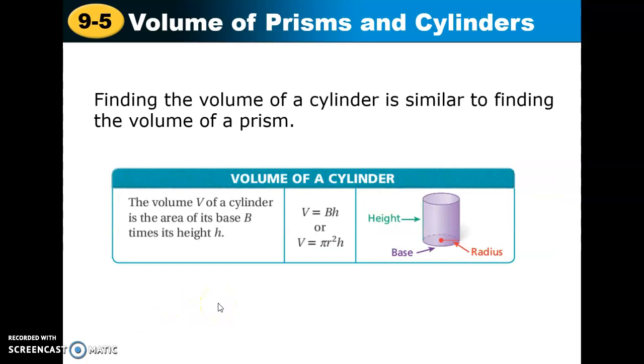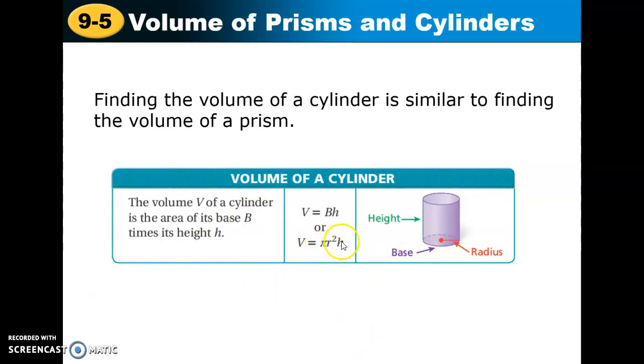All right, now we're going to move on to cylinders. This is very similar to finding the volume of the prism in terms of using the area of the base times the height. What makes it more confusing now is that we have a circle for a base. Anytime you have a cylinder, you have a circle for a base, okay? So the area of the circle, as we know, is pi r squared.